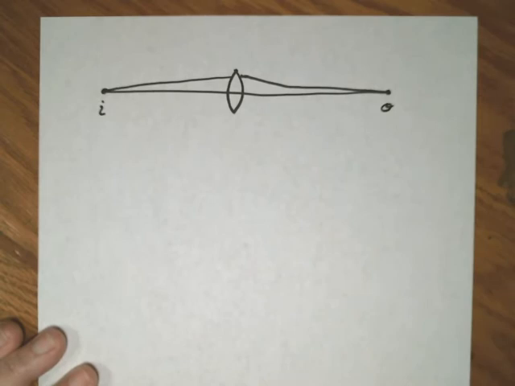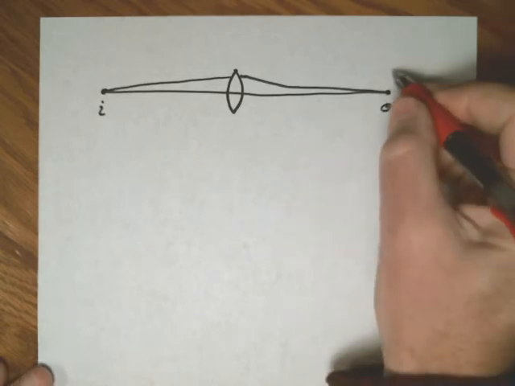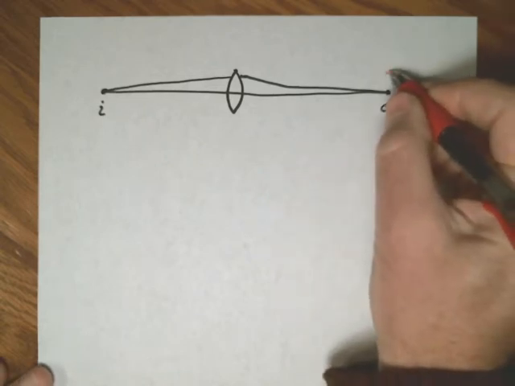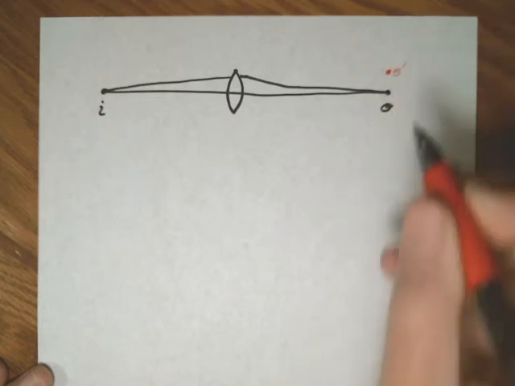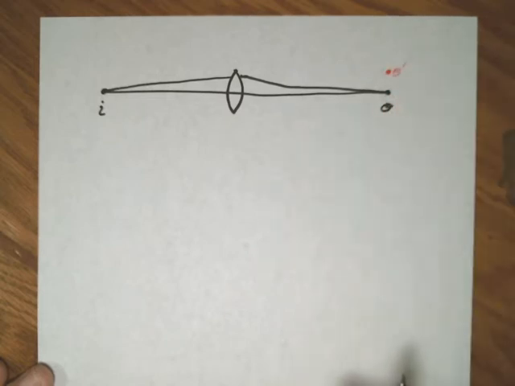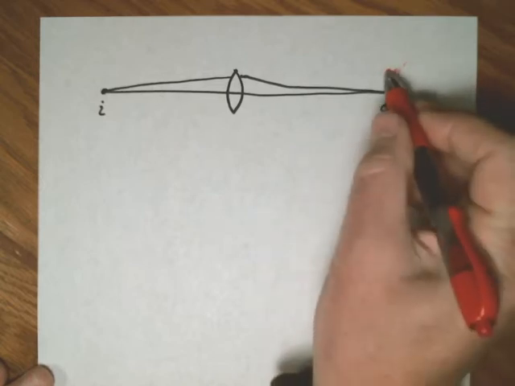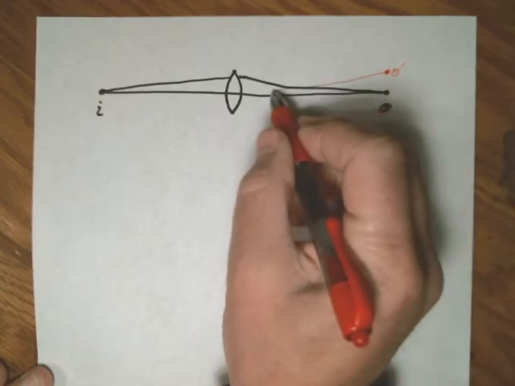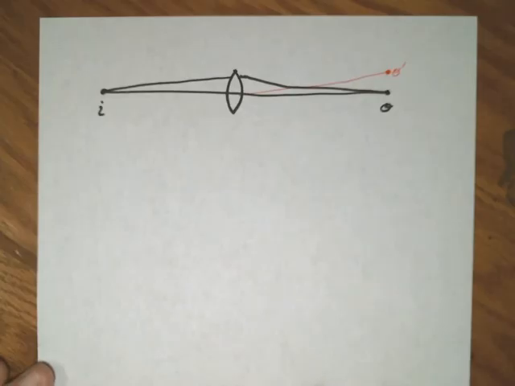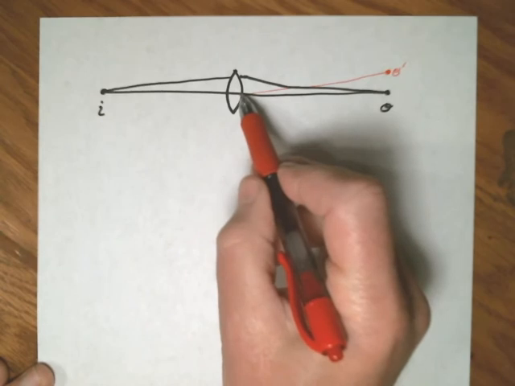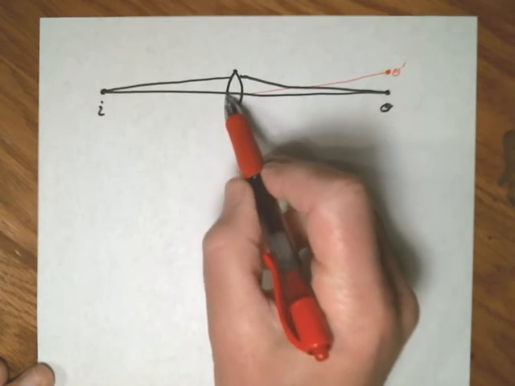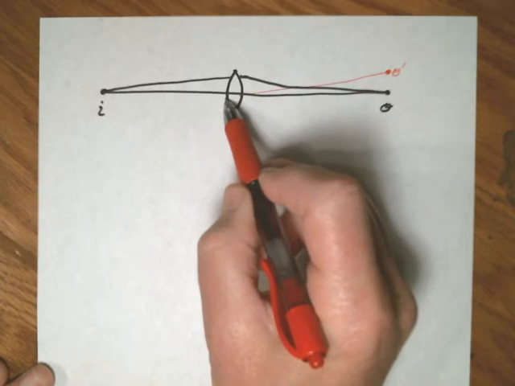So this is a real image, and if we want to see why it's inverted, we can take an off-axis point like this, and the easiest ray to draw is the one that hits the center of the lens. What happens at the center of the lens is that the front and back surfaces are basically just parallel, like a flat pane of glass.